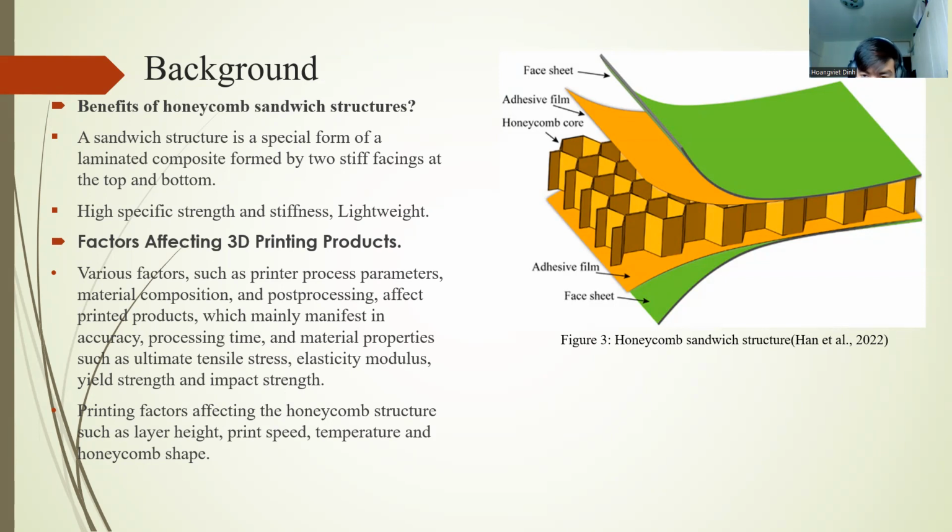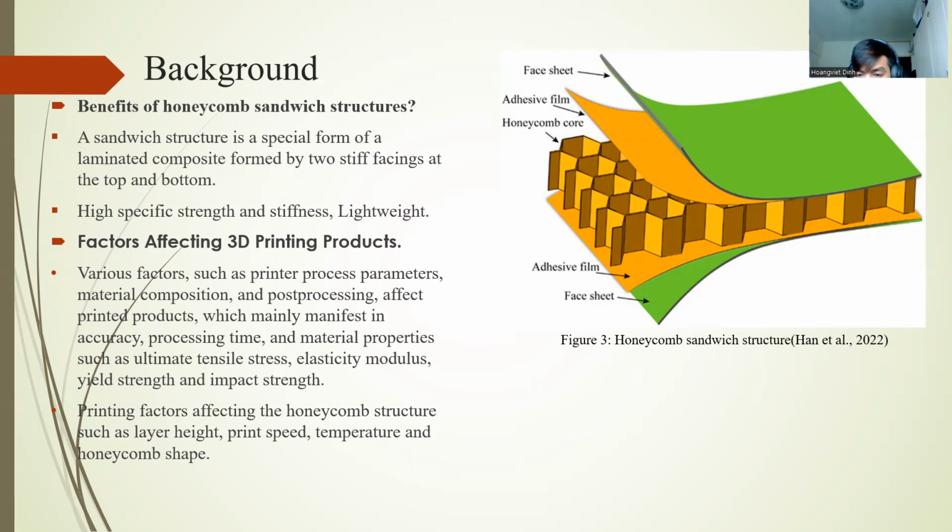For the printing speed, the printing speed of a 3D printer is the rate at which material is deposited. A faster print speed will result in a faster print, but it may also give a lower quality print.